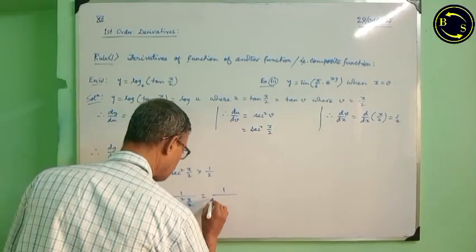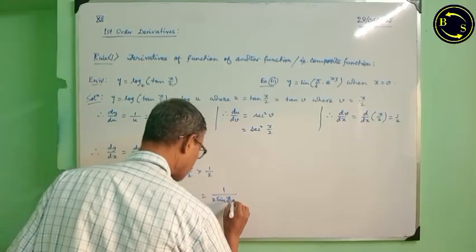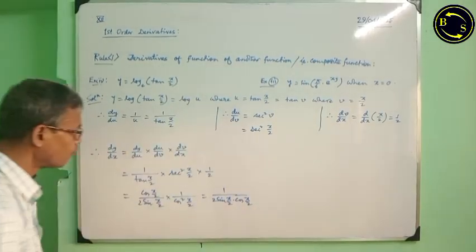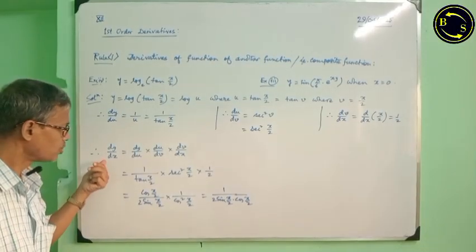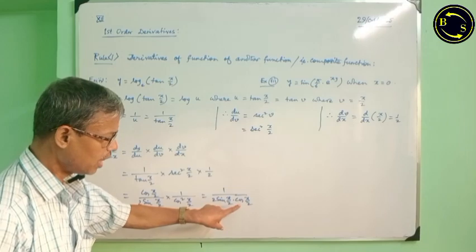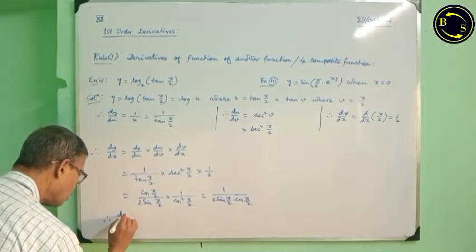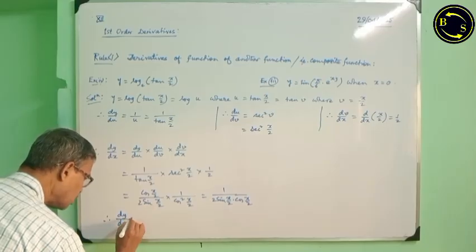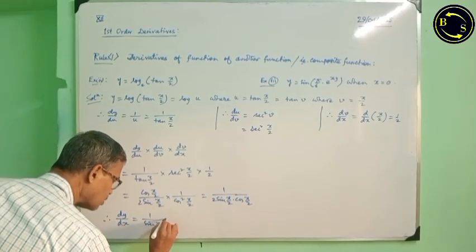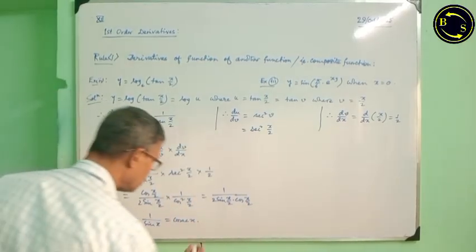On simplification, thus dy by dx is equal to 1 by 2 sin x by 2 cos x by 2, and this is nothing but sin x. Therefore, dy by dx is equal to 1 by sin x, that is cosec x. This is the answer.